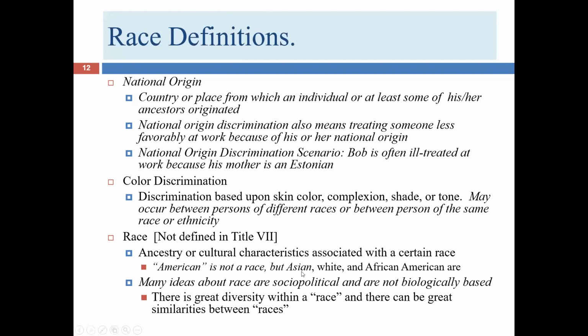Asian would be a race, or more specifically, Vietnamese or Laotian or Chinese, or Indian. Those would be racial groups. White or Caucasian would be a racial group. African, Black, African American, those terms would also be identifiable as racial groups. These terms oftentimes have very loaded meanings associated with them that can be controversial and can be hurtful.